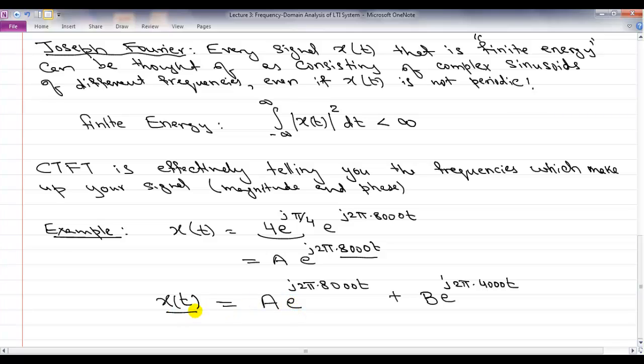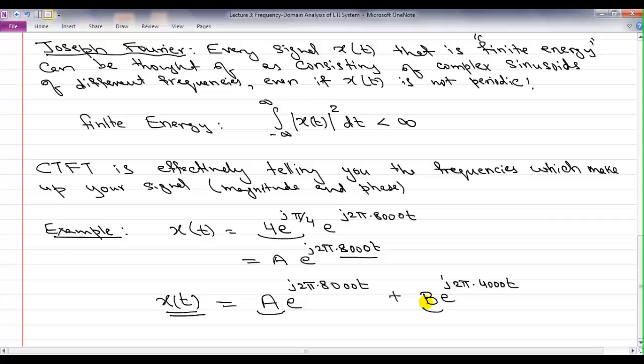And now if you look at this x of t, you can say, oh, I can't say this is made up of one frequency, it is actually made up of two frequencies. It has one frequency of 8 kilohertz, the other frequency of 4 kilohertz, and you can look at what is the amplitude and phase of the 8 kilohertz frequency. You can look at what is the amplitude and phase of the 4 kilohertz frequency.